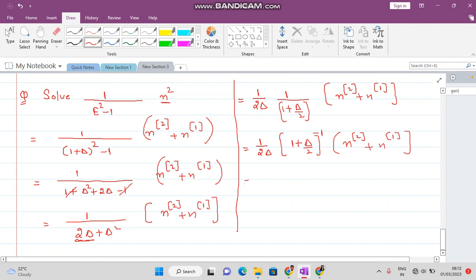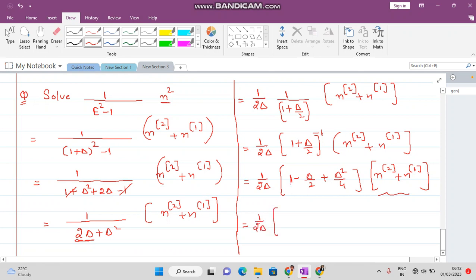Now apply here the binomial expansion. So it is 1 minus delta by 2 plus delta square by 4, into n raised to the power 2 factorial plus n raised to the power 1 factorial. Now multiply this thing inside the bracket. So it is 1 by 2 delta into: 1 times n raised to the power 2 factorial plus n raised to the power 1 factorial, minus 1 by 2 times delta, which means find the derivative of this function.